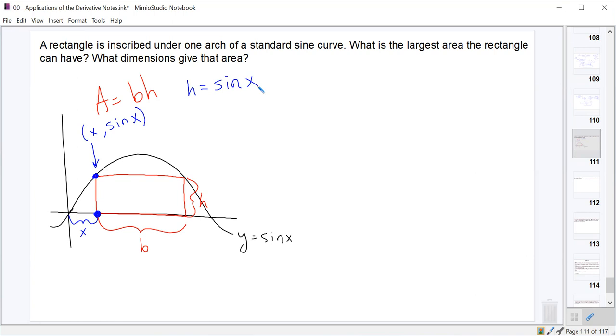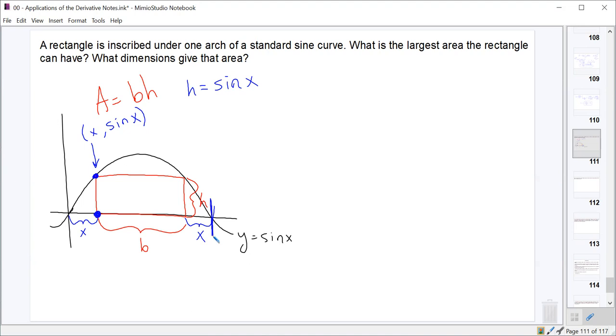Because we know that a sine function is symmetric across any of its maxima or minima, right down this middle right there, it's symmetric. And this rectangle is hitting the same points, the same y values right here. We know that this distance here, well, it's not actually an x from the origin over, it has the same length as that. So this is also x. And so we can see that our b value plus 2x should equal one full length of this arch of the sine curve.